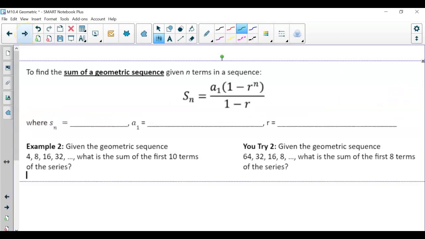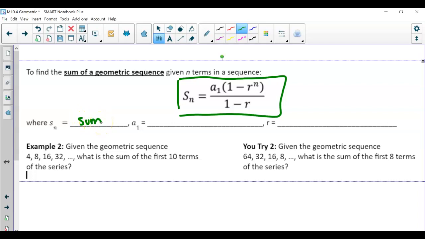Now our main focus in this lesson is to identify the sum of a geometric sequence. This is the formula that we are going to use, where you're given n number of terms, and you'll always be given that value. To find the sum, we're going to use this formula, where S sub n is the sum.